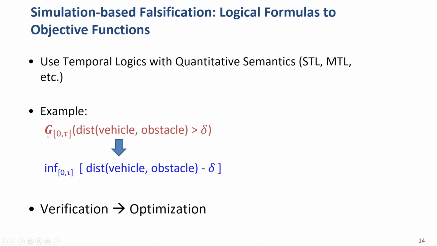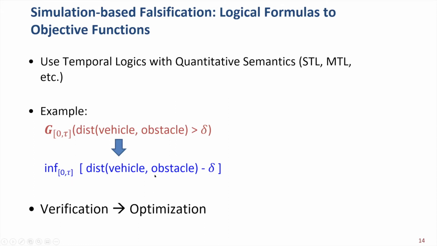So here's a very simple example. Imagine you have this property in red in STL, which says globally at all times between 0 and tau, the distance between a vehicle and some obstacle has to exceed little delta, right? So that's your property. You can turn this in a syntax-directed fashion into this cost function, where the predicate inside, you just take the difference between the left-hand side and right-hand side.